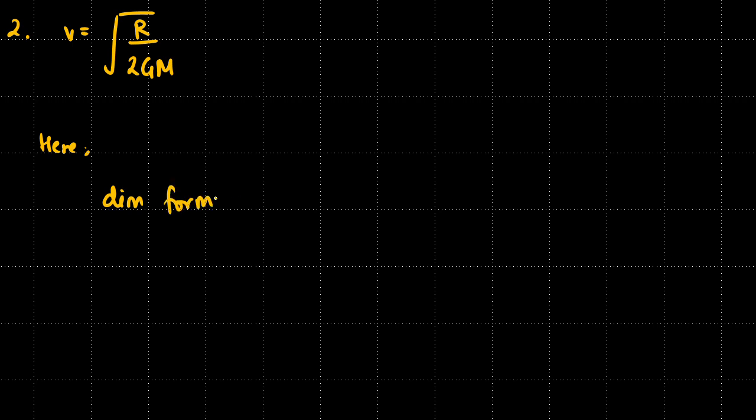So the next question that we did was 2, which was v equals square root of R by 2 big G M. So here let's do it the same way. The dimensional formula of velocity v is L T minus 1. Pretty simple.